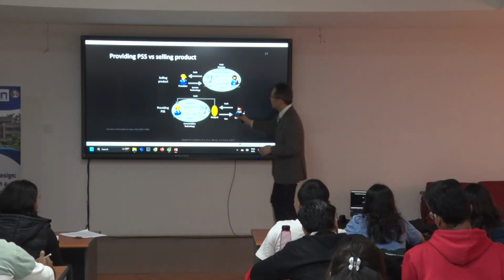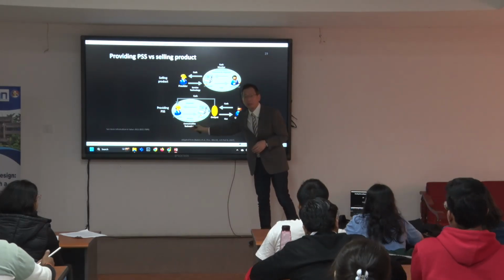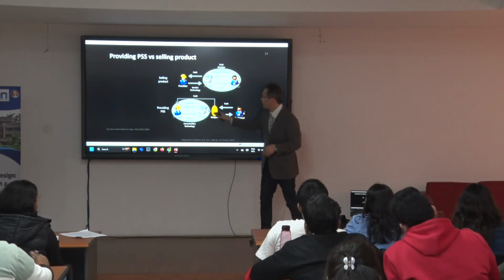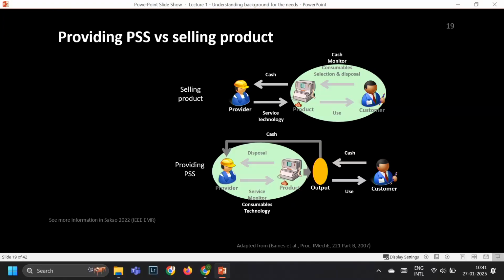But on the other hand, when it comes to providing PSS, what is more relevant is not the product as such, but the outcomes of the product. So this is what Levitt referred to, right? The customers are also interested in outputs, not the product as such. So this is the interface between the provider and the recipient, right?